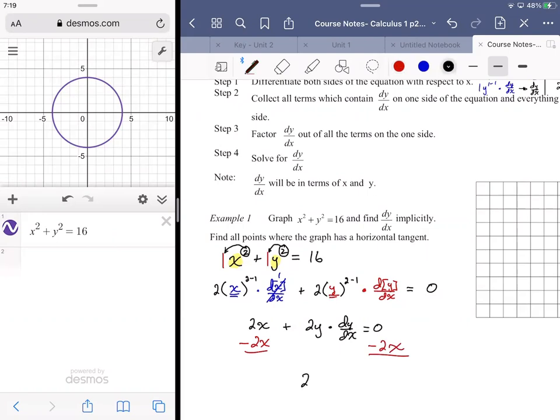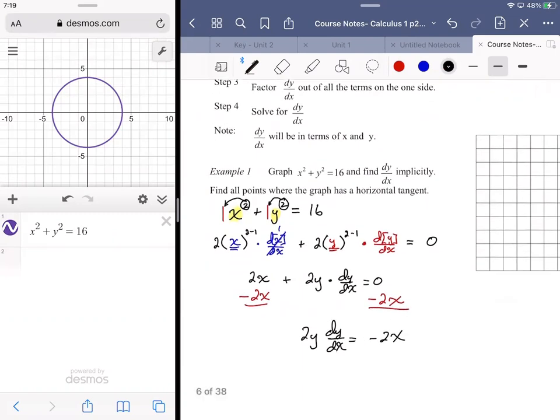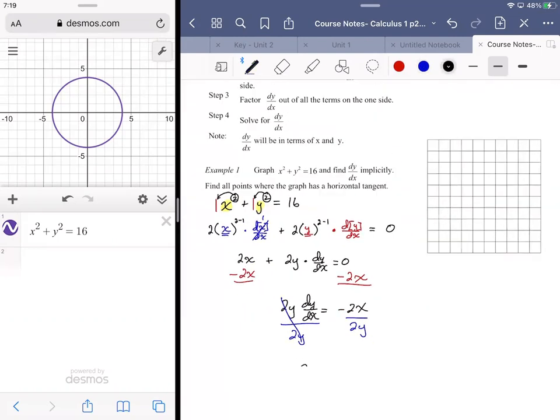So I'd have 2y dy dx is equal to negative 2x. And then I would divide both sides by 2y. And if we simplify, dy dx is equal to negative x over y. So that's the derivative using implicit differentiation.